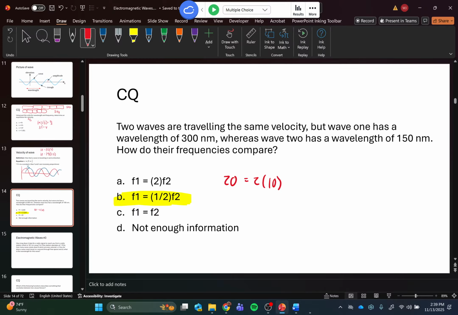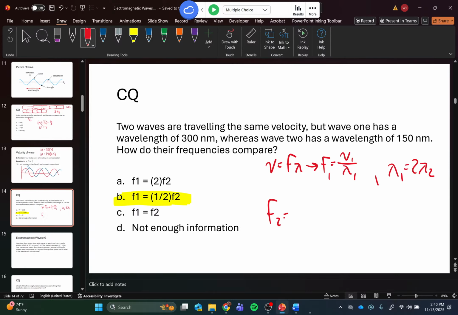Now, there's a couple ways to prove this. I'm going to do it the way I traditionally do these problems, and then I'm also going to show you another way. 3 ways. So you have V equals F times lambda. We care about frequency, so let's isolate that. Great. There's frequency, and let's call this 1, 1, 1. We also know that lambda 1 equals 2 times lambda 2. It's a nice little relationship for us. So we can also then write this one down here, frequency 2 equals V2 over lambda 2.